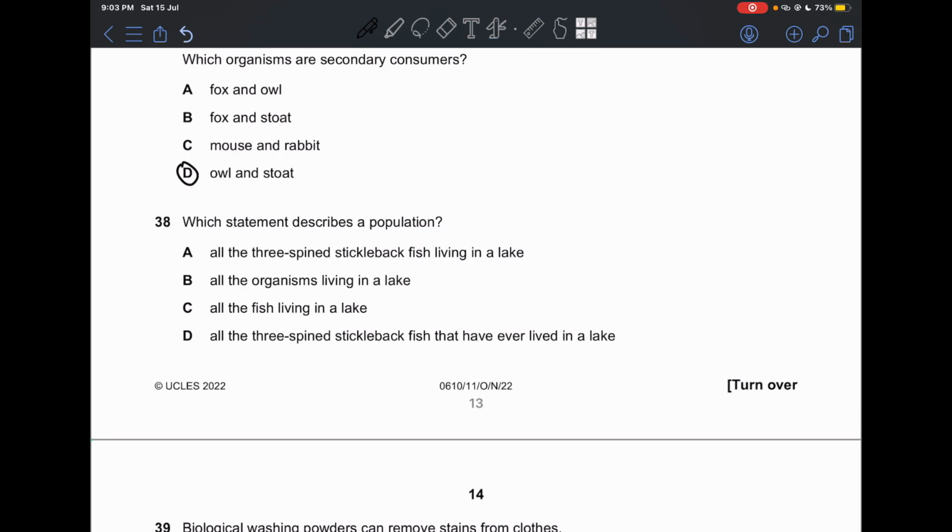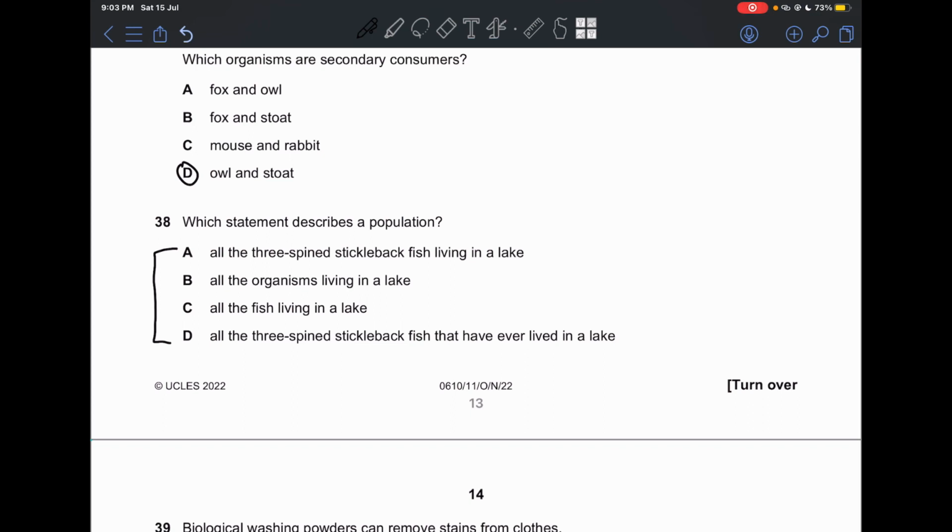38. Which statement describes a population? A population, as we all know, is a group of animals of the same species living in one area. So we have to see from these examples, which example describes what I have just said. So A says all 3-spined stickleback fish living in a lake.